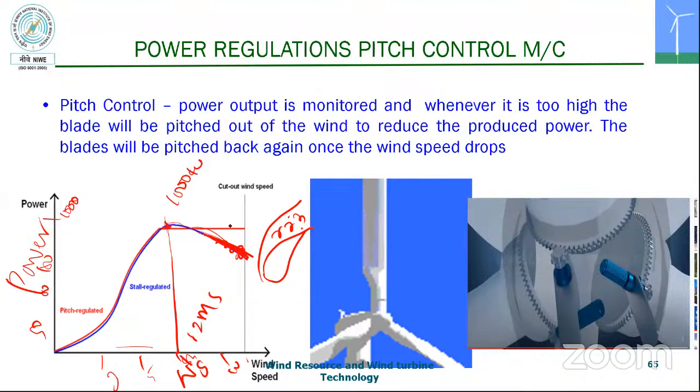Next is the pitch control machine. Now you see the pitch control machine. Here, the entire rotor is turned on its own axis. Now what will happen? As in the first slide I showed, this is the hub, and the blade is fixed on the hub through the bearing.